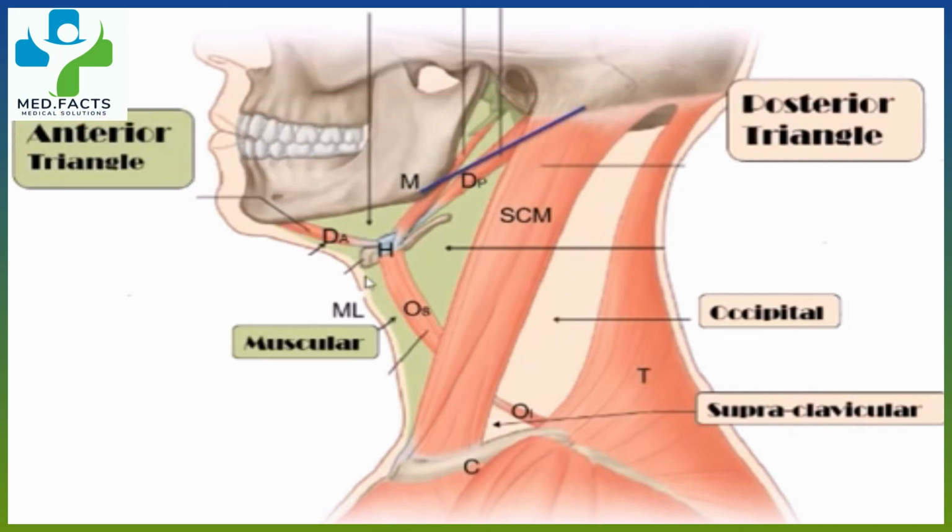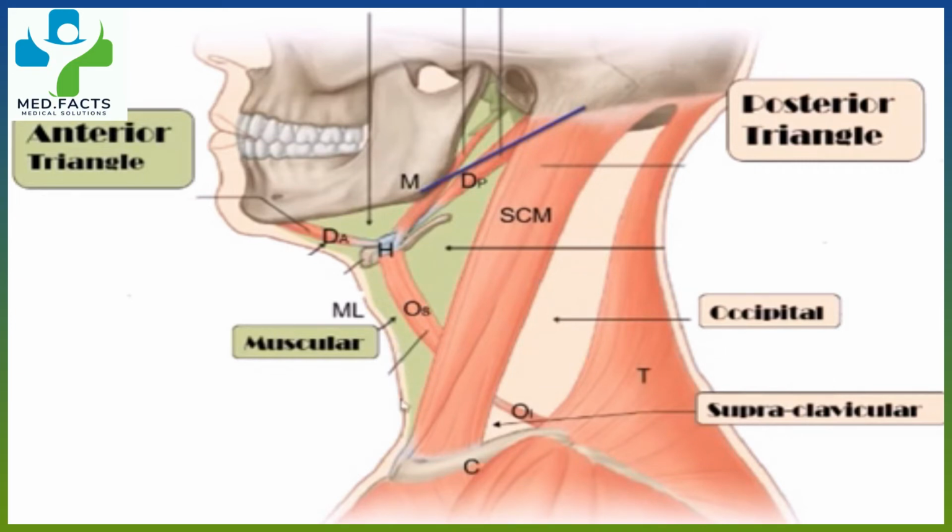The boundaries of this triangle: in the front we have the midline structures of the neck, posteriorly superiorly we have the superior belly of the omohyoid, and posteriorly inferiorly we have the sternocleidomastoid muscle. Okay, so these are the boundaries. So this is the muscular triangle.